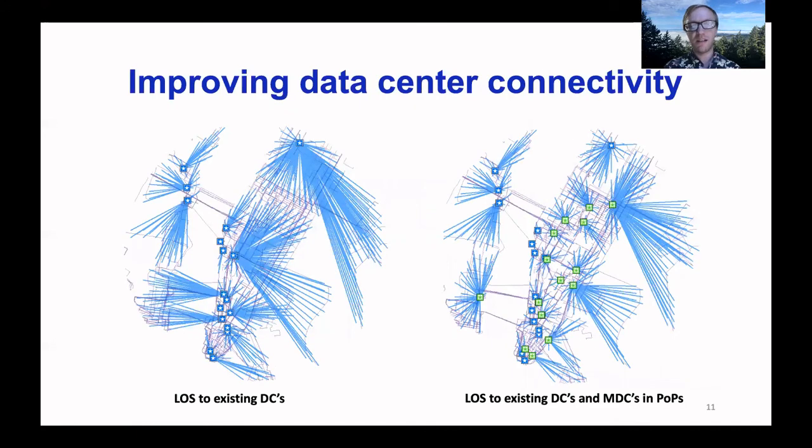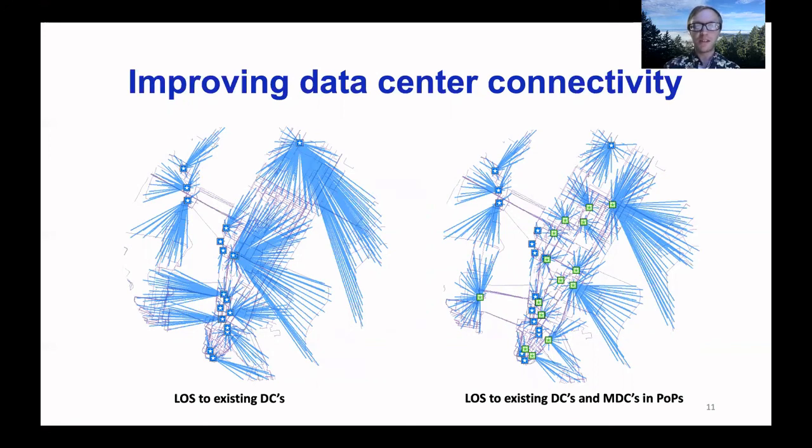As a case study, a little exercise, we looked at improving data center connectivity in the New York metropolitan area, hyper zoomed in on Manhattan island. On the left, we see line of sight distance from hexagon centers within the New York MSA. And on the right, we show prospectively where new data centers could be added to reduce the distance for the most amount of people.